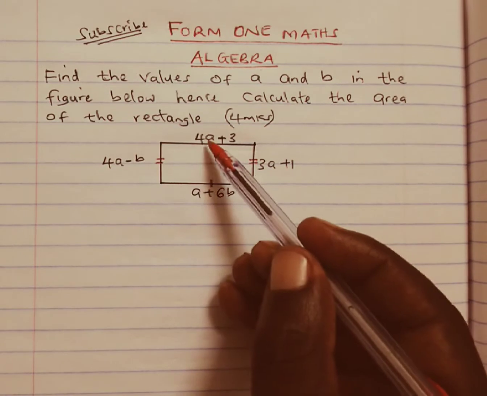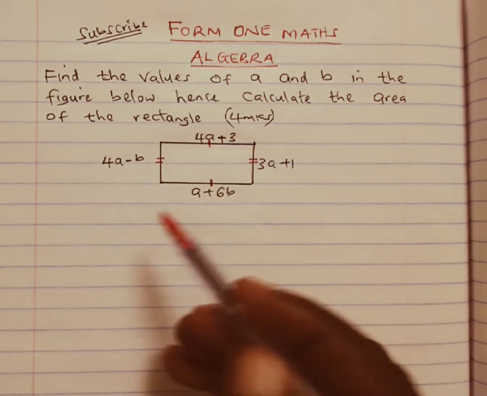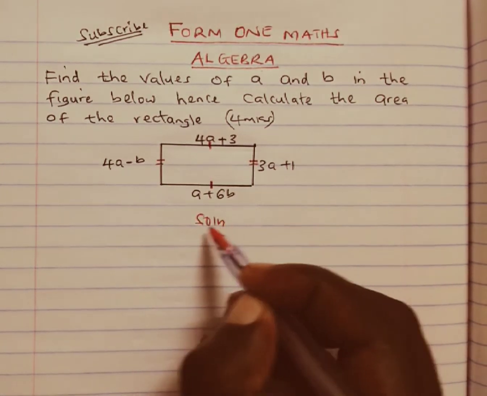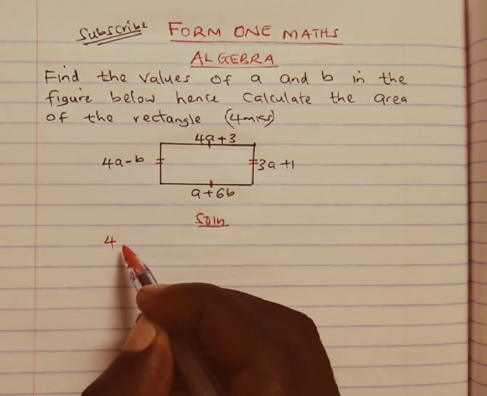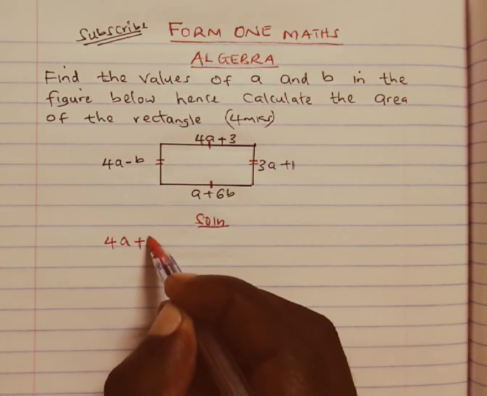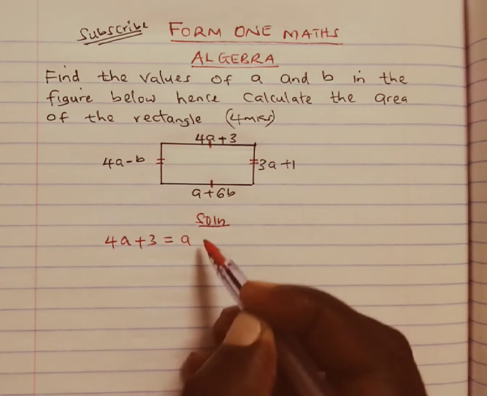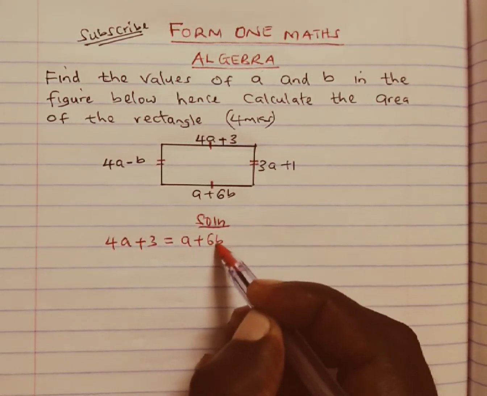Therefore, we can take this length and equate it to this other length. That is, we are going to have 4A plus 3 being equal to A plus 6B.